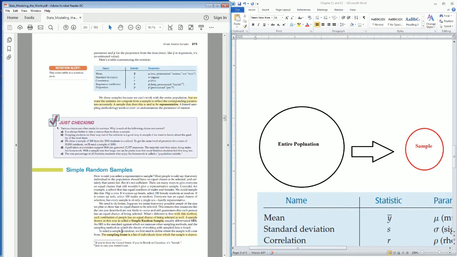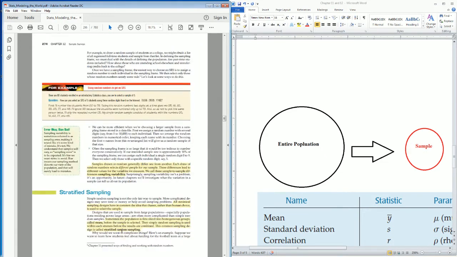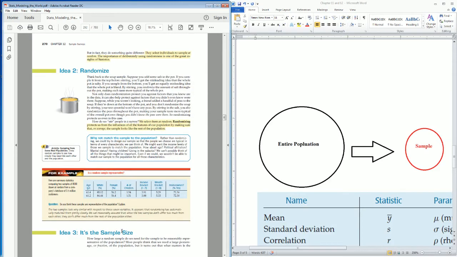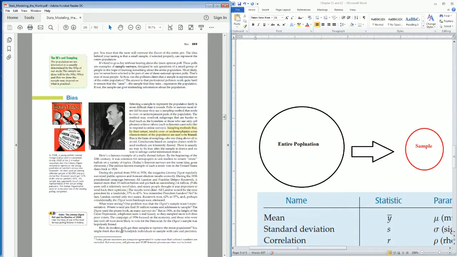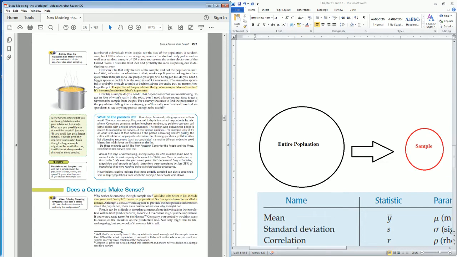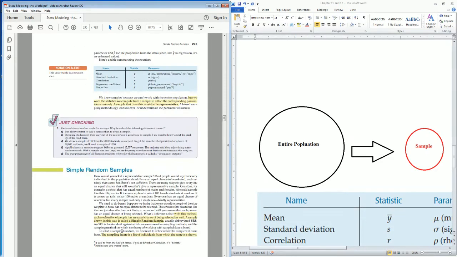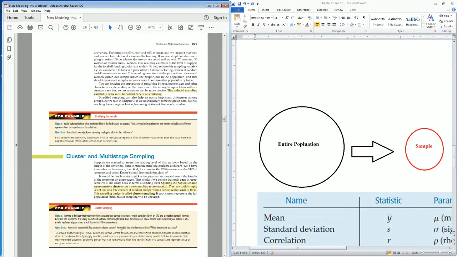Freshman, JV, and varsity would be your SRS, strata, cluster, and multi-stage. Within each, for varsity, we're going to call that multi-stage sampling.